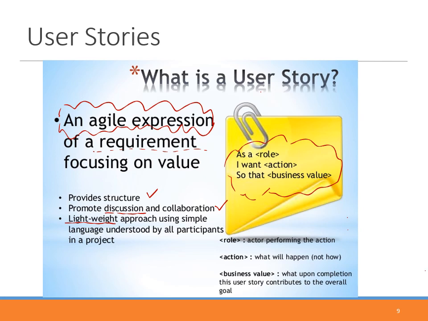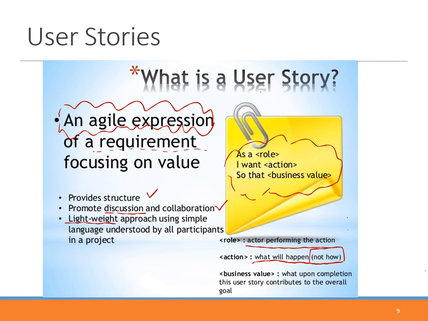So the reason we need these three components is so that we know first who is the actor, which type of user, which role of user is using that story. And what is the action? What will happen? Again, for a requirement, it should be what will happen, not how we do it.